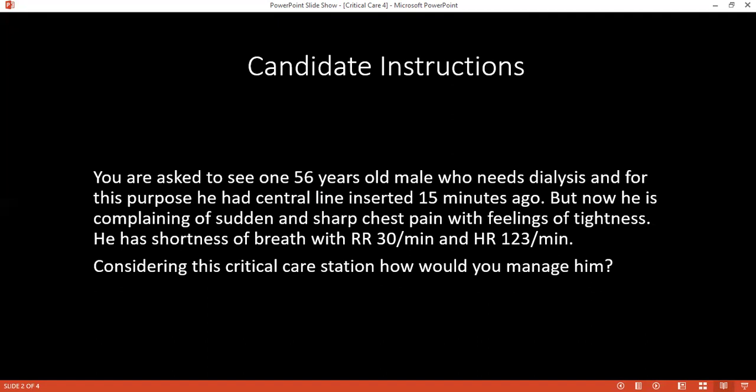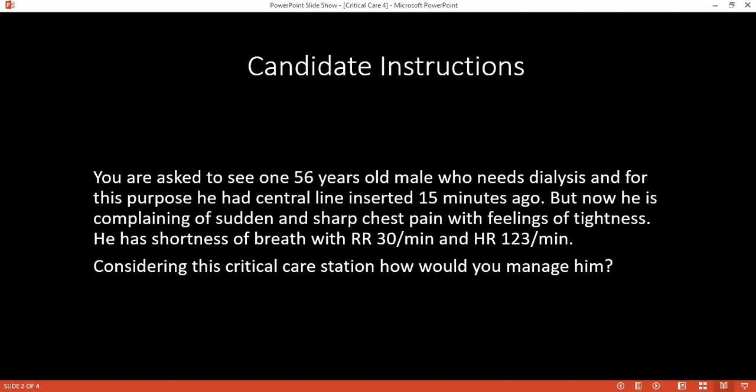Then we have to look for breathing. As he's already having shortness of breath, we have to count the respiratory rate and check how is the chest tightness. Then we have to do an urgent chest X-ray. Then we can either do a needle thoracostomy or maybe an intercostal chest tube drain, if it's readily available.